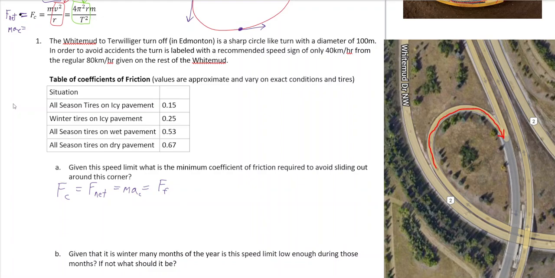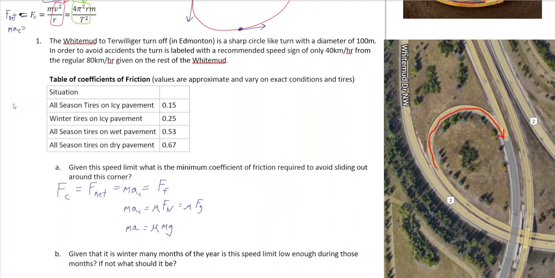So let's get a little bit more specific: m a_c equals F_f, which is mu times F_N, which we can call mu F_g in this example because there's no angles. So it would be mu mg.